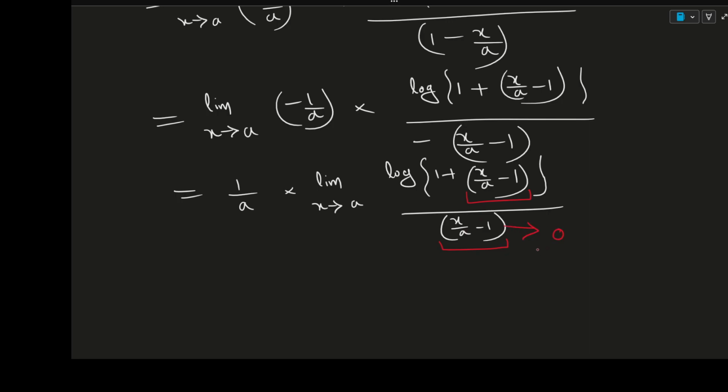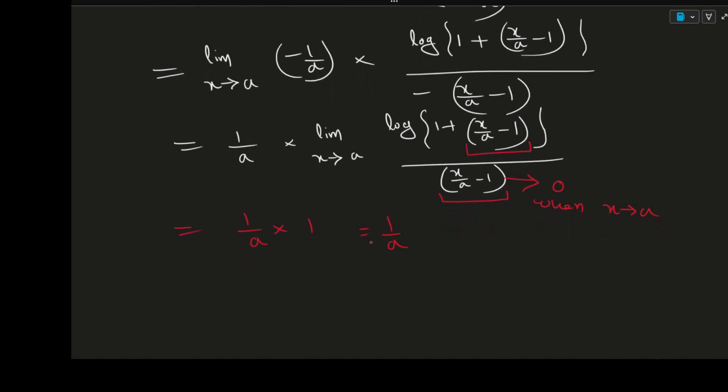So I can apply the standard result, and by applying it we can say that the limit of this one will be 1. So it will be 1 by a into 1, which is 1 by a. Now we'll see another problem.